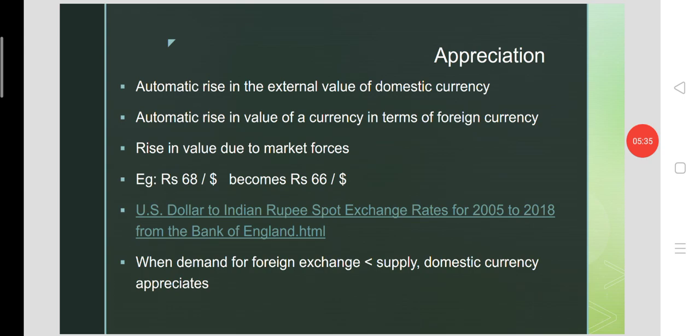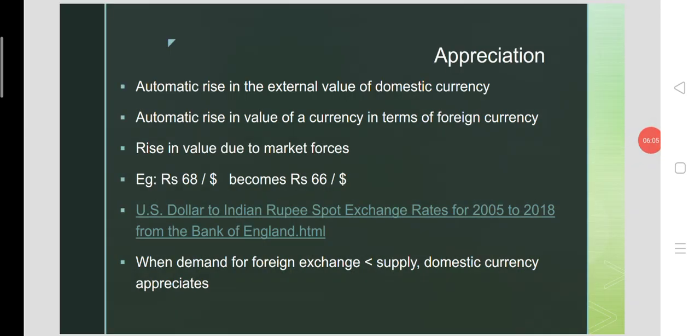So unlike revaluation, appreciation is not the deliberate increase in the currency's value. This is the automatic rise in the currency's value. Then there is no role for the government to increase the currency's value. Only the market forces will lead the currency's value to a higher level. This is appreciation.